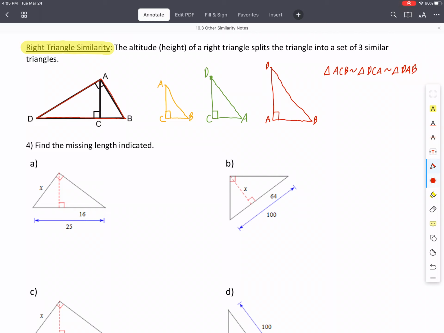So we can use what we've learned about similarity and proportions to be able to solve these. But note on here, when we're finding the missing length, we need 2 triangles with 2 labeled sides to be able to solve this problem.